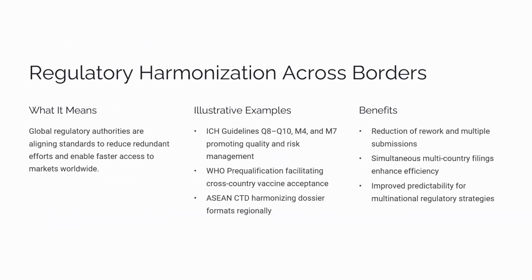What it means is global regulatory authorities are aligning standards to reduce redundant efforts and enable faster access to market worldwide. Previously in India, CDSCO did not accept eCTD modules, which led to longer review periods and was time consuming, but now they have recently adopted eCTD for biologics, and that has enabled faster access, faster review, and faster approvals for products to be marketed worldwide.